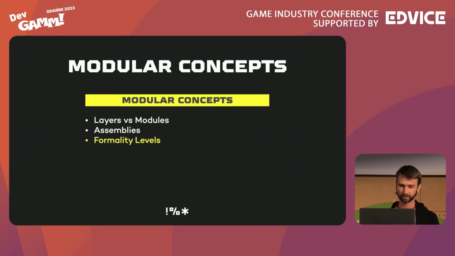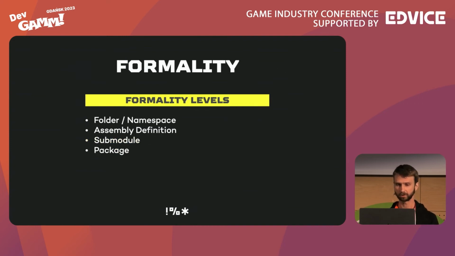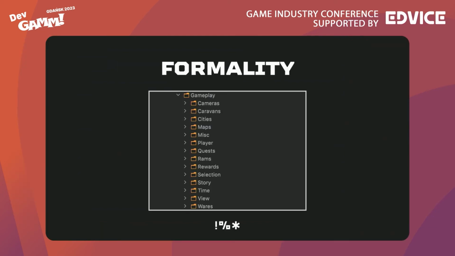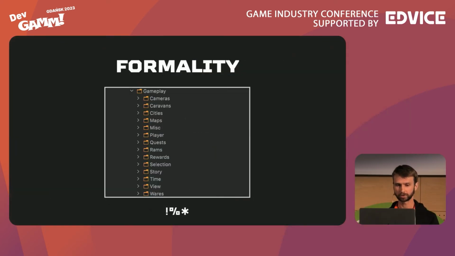Okay, the last part, the formality levels. Well, basically I said a lot about assembly definitions, and you may say that, okay, we should use assembly definitions then. But it's not exactly true. If you do some new projects, especially if you're prototyping, you probably would stick to this folder namespace formality level.